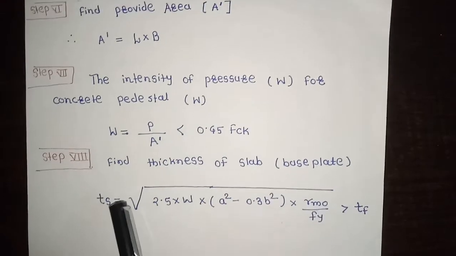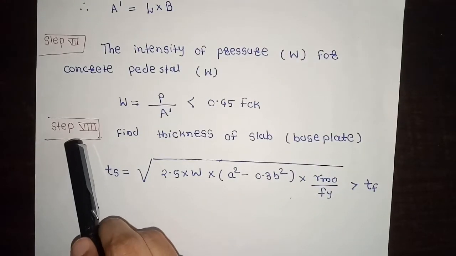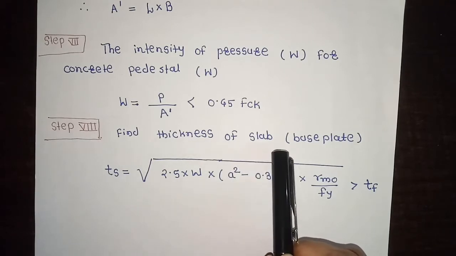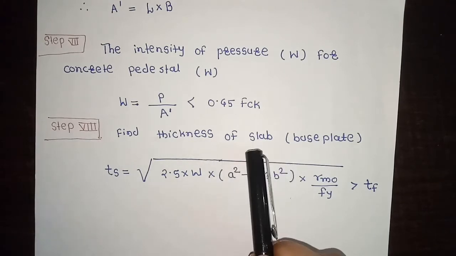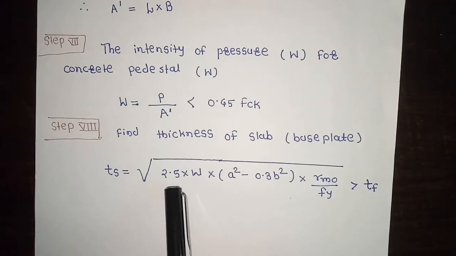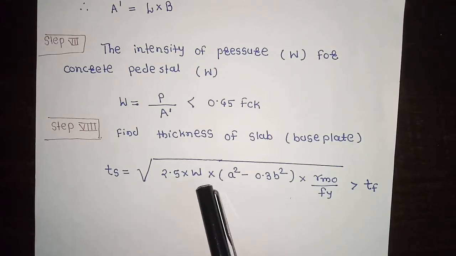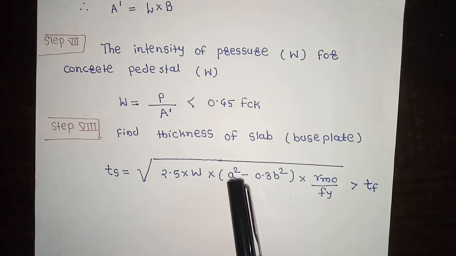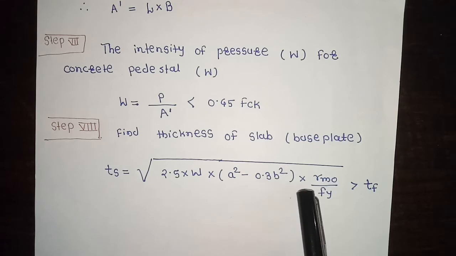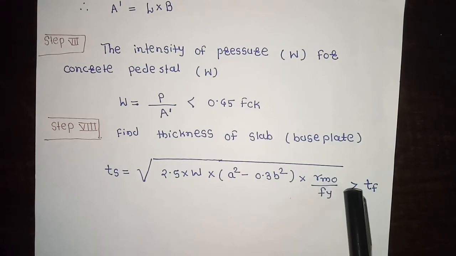Next, step 8, find thickness of slab. How to calculate thickness of slab? TS is equal to the square root of 2.5 into W into, in bracket, A square minus 0.3 B square, into gamma M0 divided by Fy.